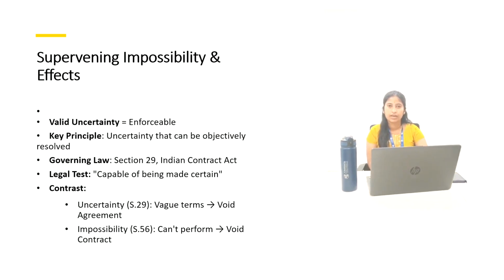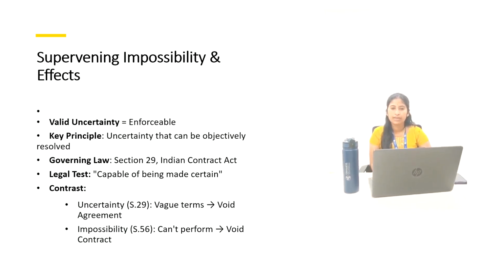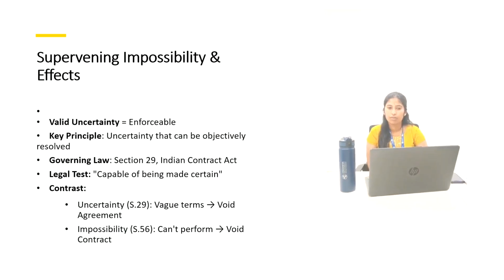And the next, comparison between impossibility and uncertainty. Coming to impossibility, Section 56 deals with situations where the performance of the contract itself becomes impossible. This may be impossible from the beginning or may become impossible later due to events like destruction of the subject matter or a change in law.